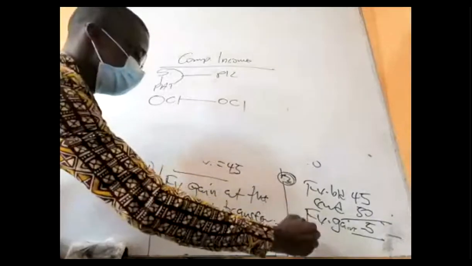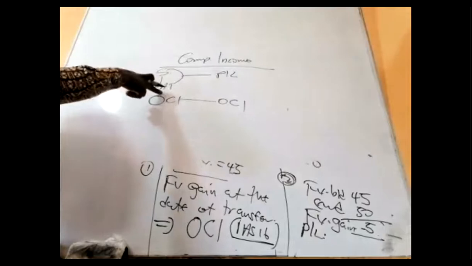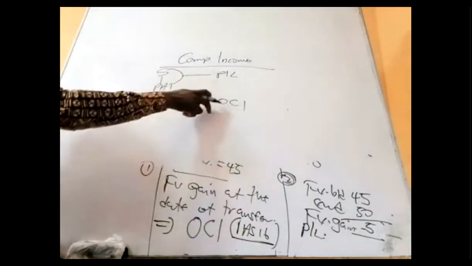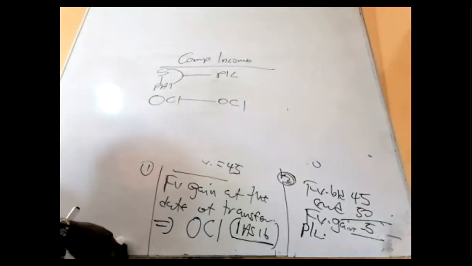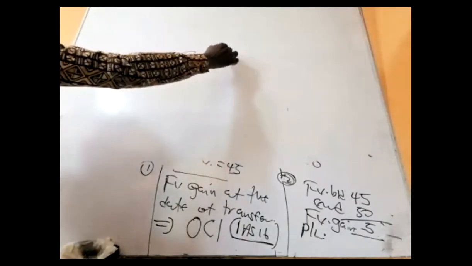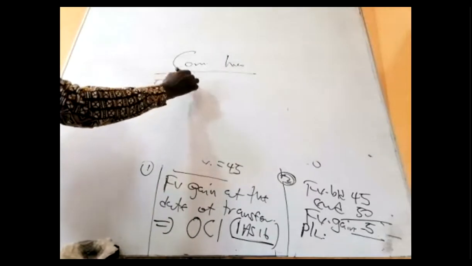So this one will go to P&L, meaning that this 5 will be reported in here before the profit after tax. And this 15 will be recorded in OCI as fair value gain. So in this particular question, our statement should look like this. If this is the comprehensive income, I'll go to other income straightforward.